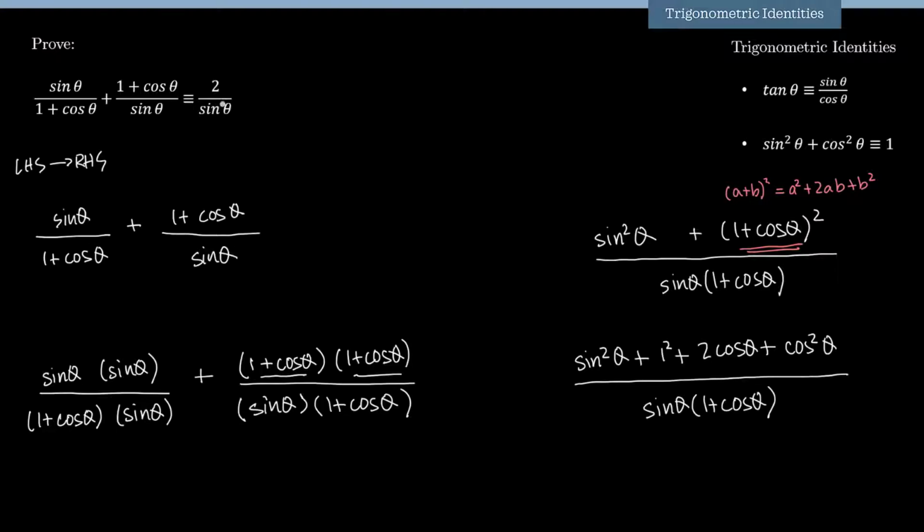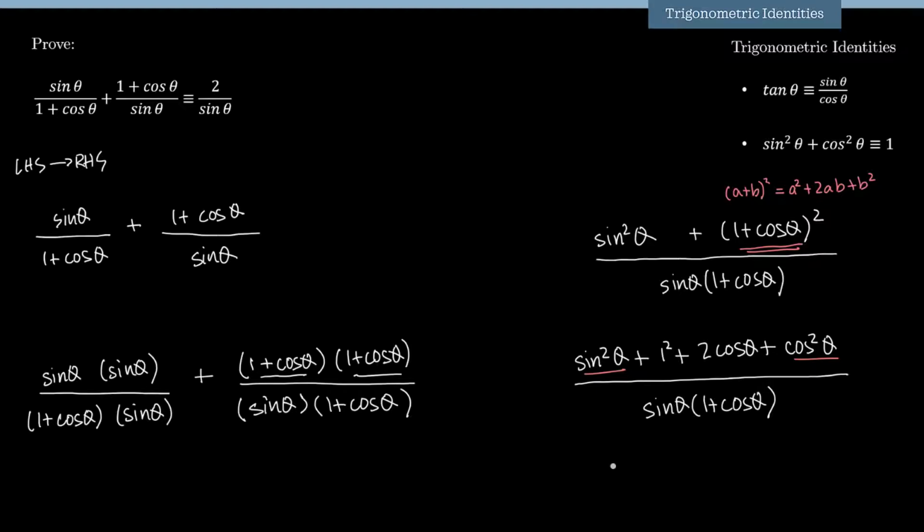On the right hand side, I have no sine square theta and cosine square theta like I have over here. So I need to remove these two. And for that, I can take help of this identity, which is sine square theta plus cosine square theta is identical to 1. So if I add these two, I can write 1 instead.